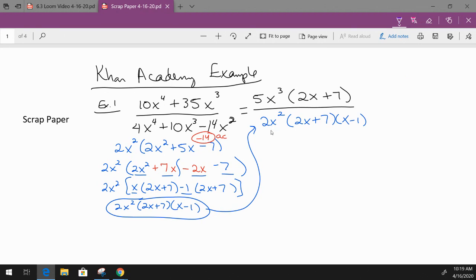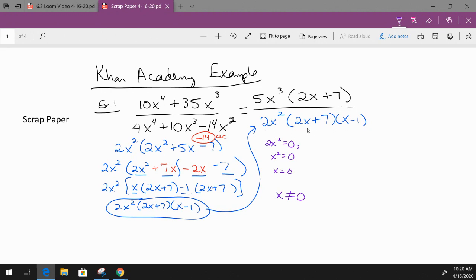So just like the example on the last page, when you have a factor of 2x squared, if I were to take that 2x squared and set it equal to 0 and solve, I would divide by 2 on both sides, which would just give me x squared equals 0, and then take the square root, which would get x equals 0. So the value of x that would make 2x squared equal to 0 would be 0. So we want to state that x cannot equal 0 because we do not want the denominator to be 0.